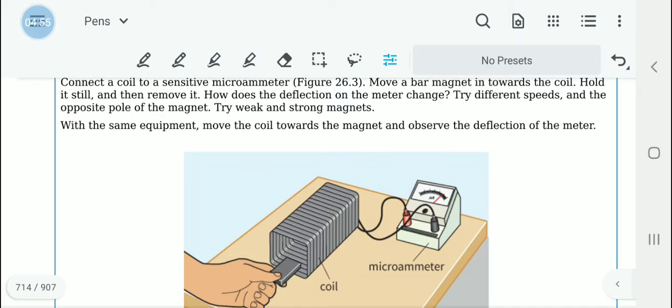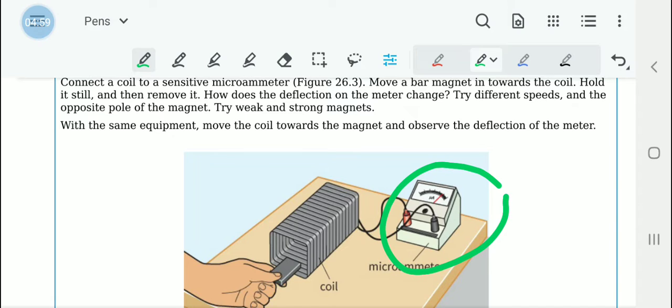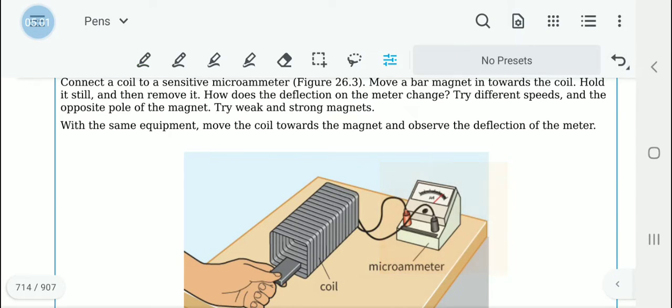You probably remember these kinds of microammeters, how to use them, and how you can get a better reading. Those are all part of this lesson, and you should be able to explain it further. When you increase the speed, what will happen?